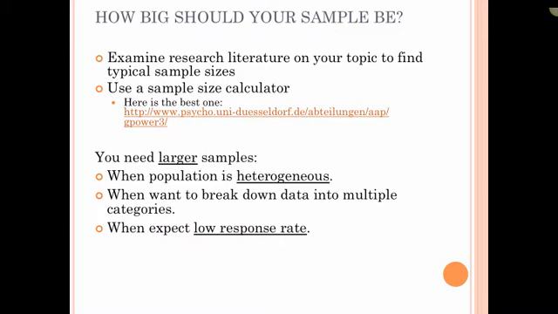Also, if you expect a low response rate, if you know that maybe the athletes in your program don't typically respond very often to surveys, then you should use a larger sample of people so that you can account for the likelihood that very few of them will respond to your survey or participate in your study.